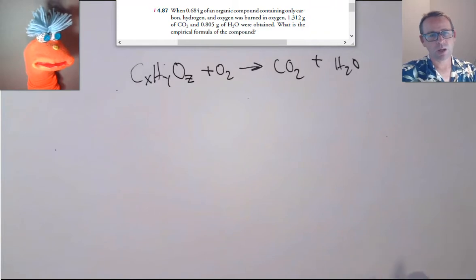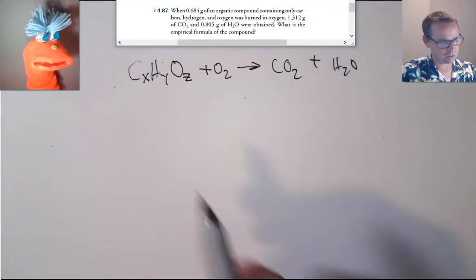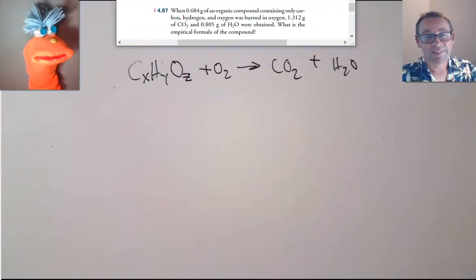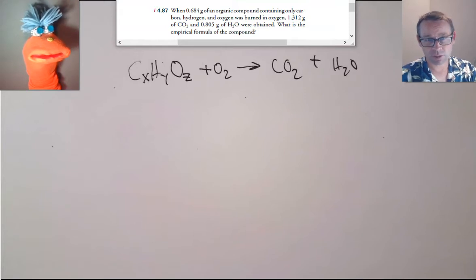So other products where the other heteroatoms go with the oxygen. That's why when we burn gas, we got to make sure we're burning pure gas, not nitrogenated or sulfonated gas, because you'll get sulfur dioxide and nitrogen dioxide, right?